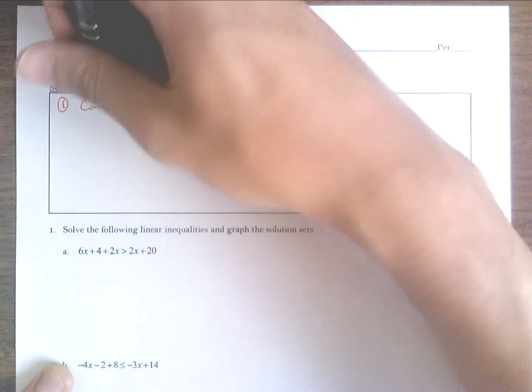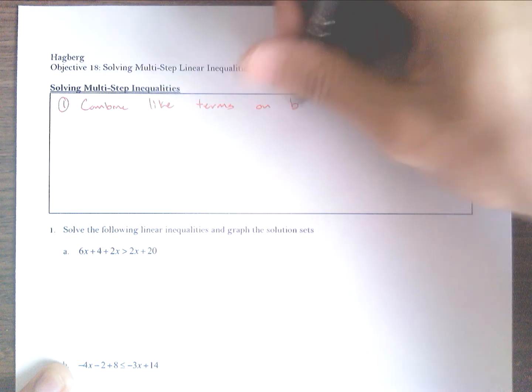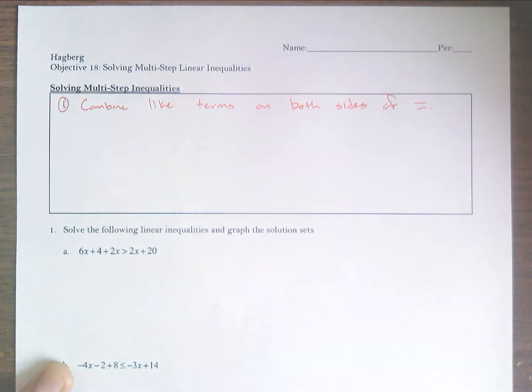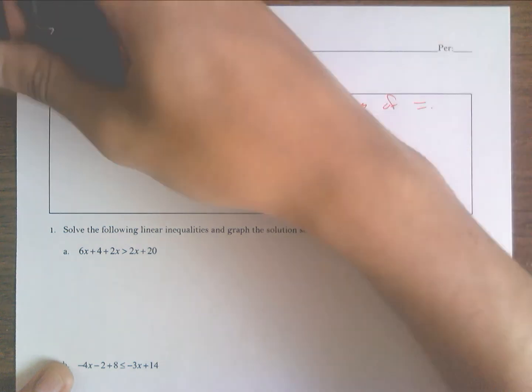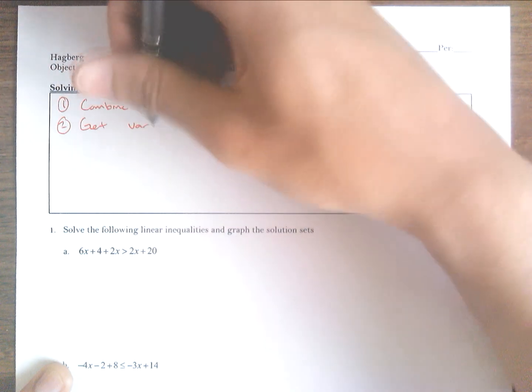Step one is always going to be to combine like terms on both sides of the equal sign. Step two is to get the variables on one side and the numbers on the other.